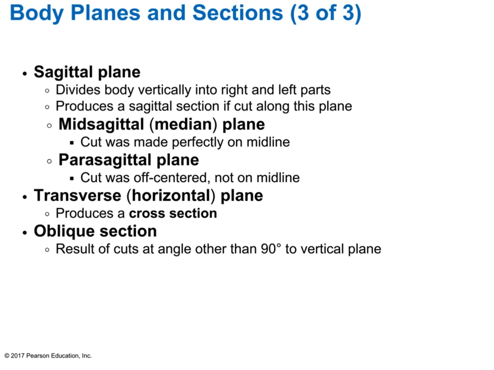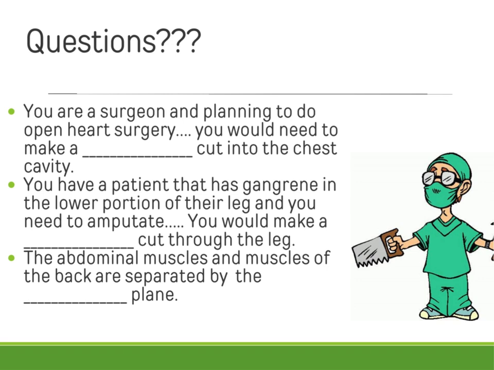A transverse or horizontal plane produces a cross section and separates the human body into a top superior and bottom inferior half. And an oblique section results of cuts at angles that are other than 90 degrees to the vertical plane. So again, make sure you review those, but let's try some practice questions.